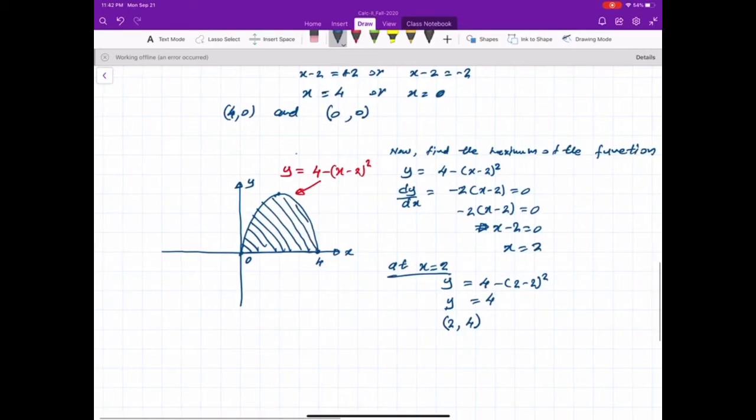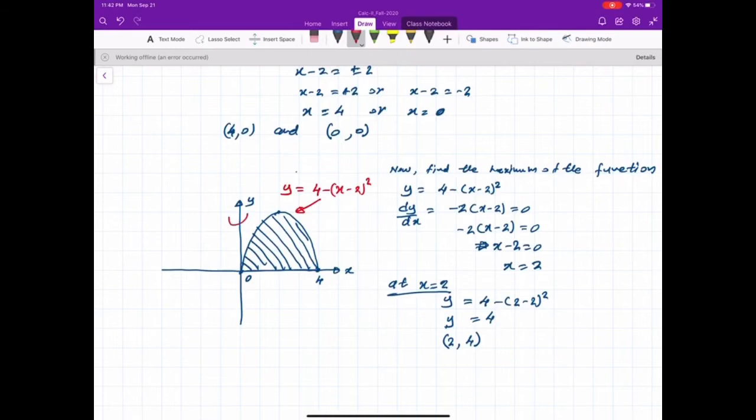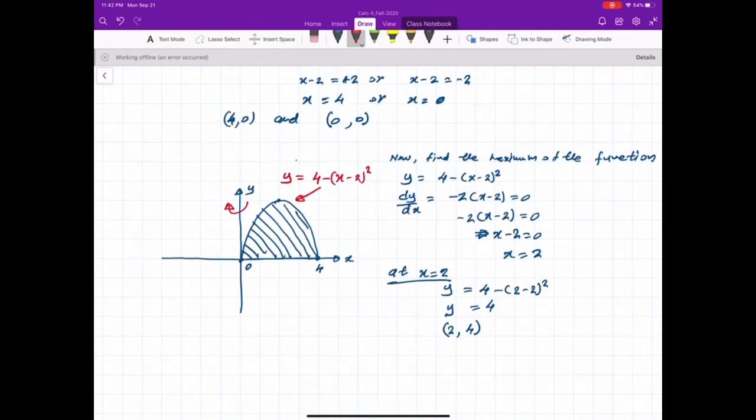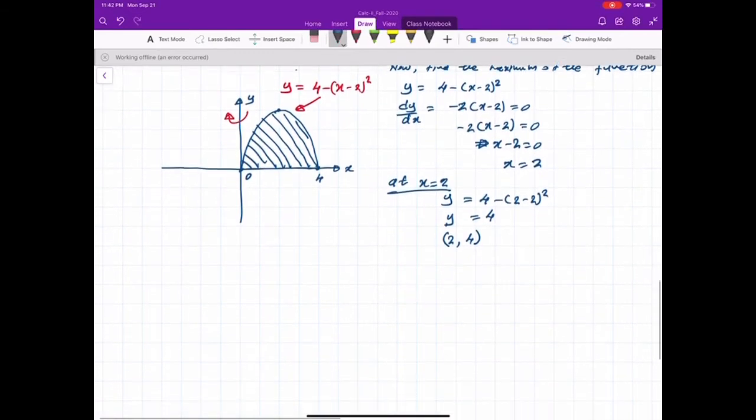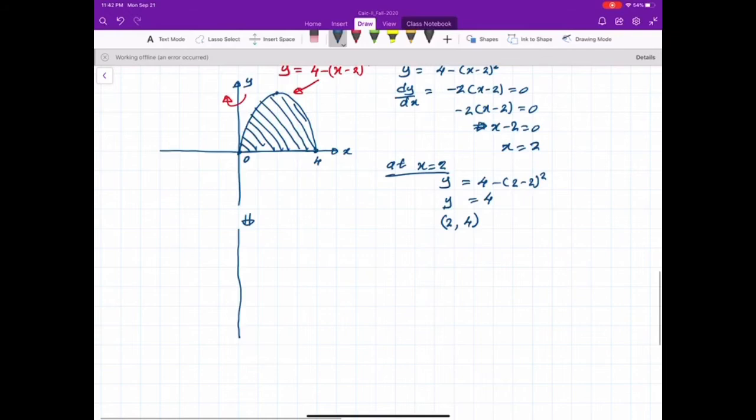You rotate this region about the y-axis. About the y-axis. That means you rotate like this. Once you rotate, you will get a complicated shape. You can imagine that the shape should be 3D. I'm not sure whether I can draw that, but I will try. So this is the shape you get if you rotate that about the y-axis. That is 4. This is minus 4.